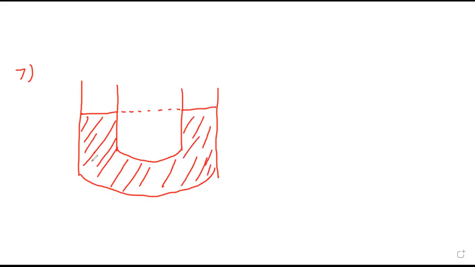Can you tell what is pressure acting from the top? Atmospheric pressure. Both sides same pressure, therefore they are maintaining their height. So as much as it presses from this side, it pushes the same on the other side.